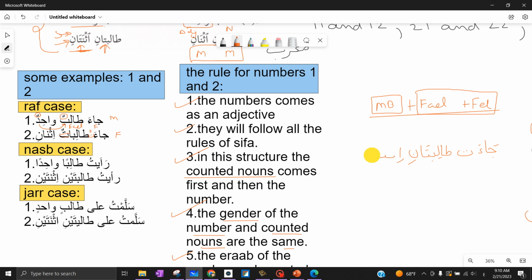Ithnatani. Sorry, it is noon. Ithnatani. So please check the mistakes here. It is wrong here. It shouldn't be ithnani but ithnatani.